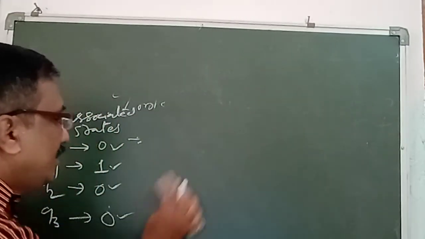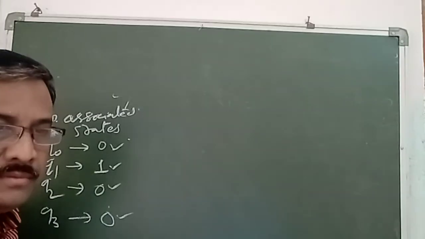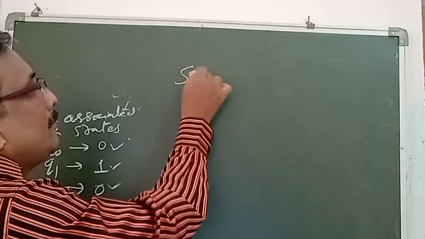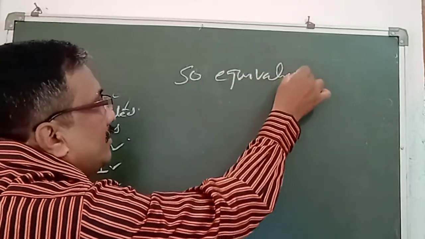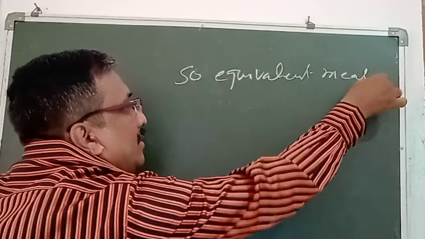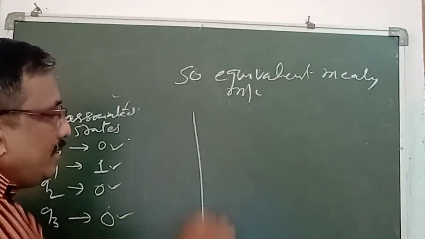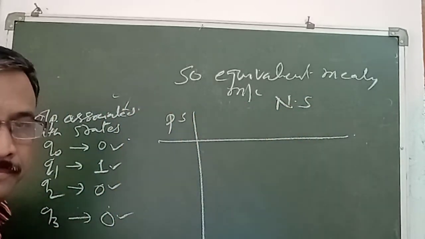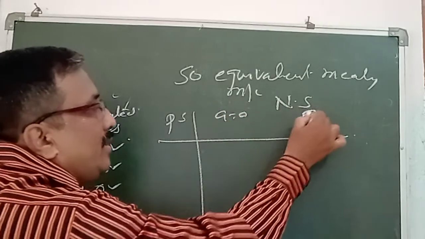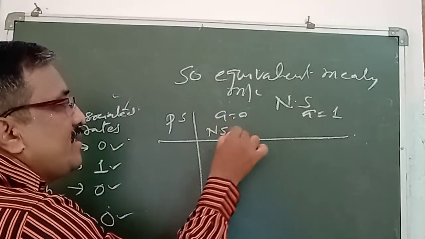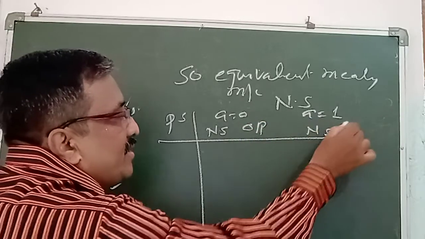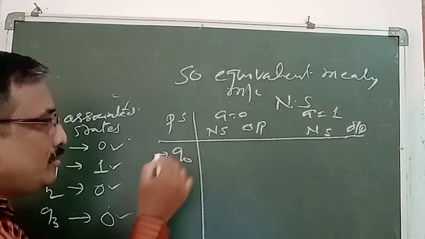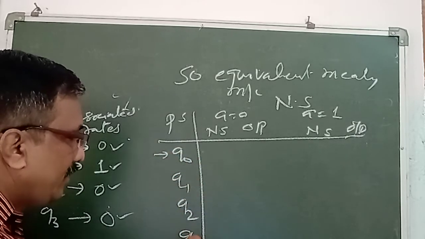Now we have to write another table of equivalent Mealy machine. So equivalent Mealy machine will be present state, next state and output for input A equals 0, and for input A equal 1. Present states are Q0, Q1, Q2 and Q3.